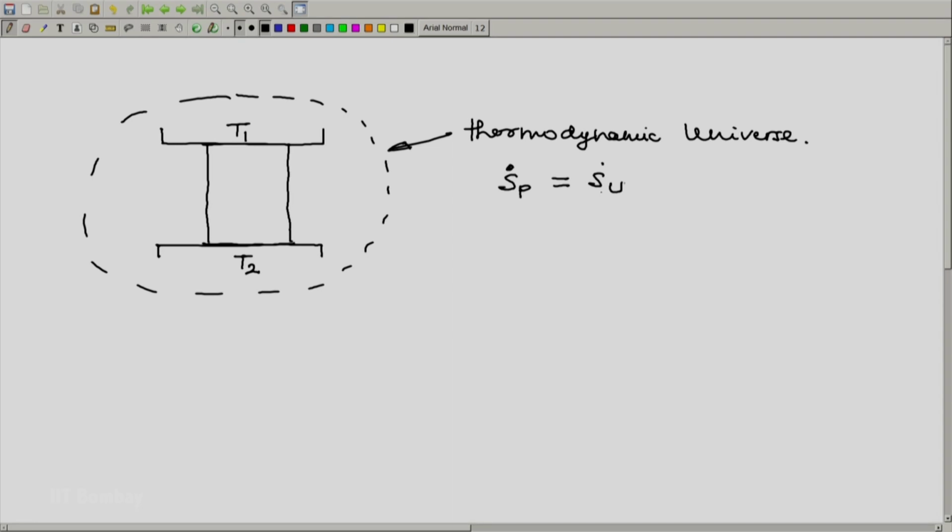And since the universe consists of 3 subsystems, this will be the rate of change of entropy of reservoir 1 plus rate of change of entropy of reservoir 2 plus the rate of change of entropy of our system itself. This is what I had written as dS by dt earlier.